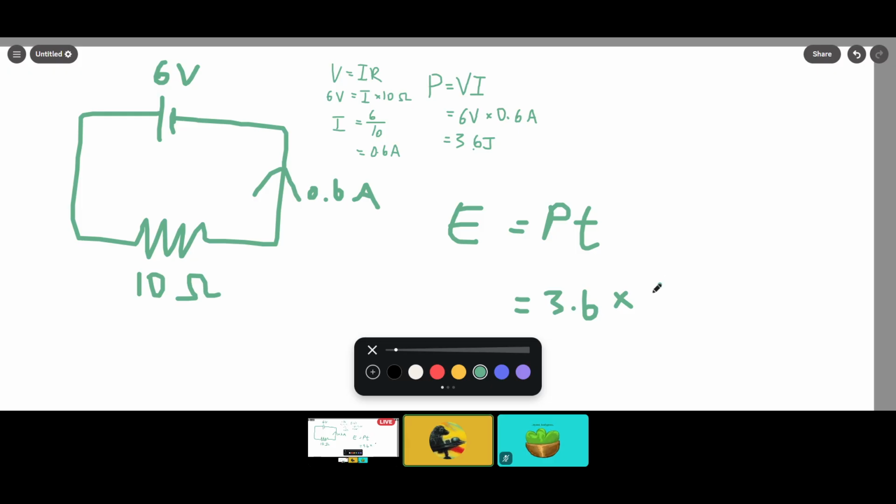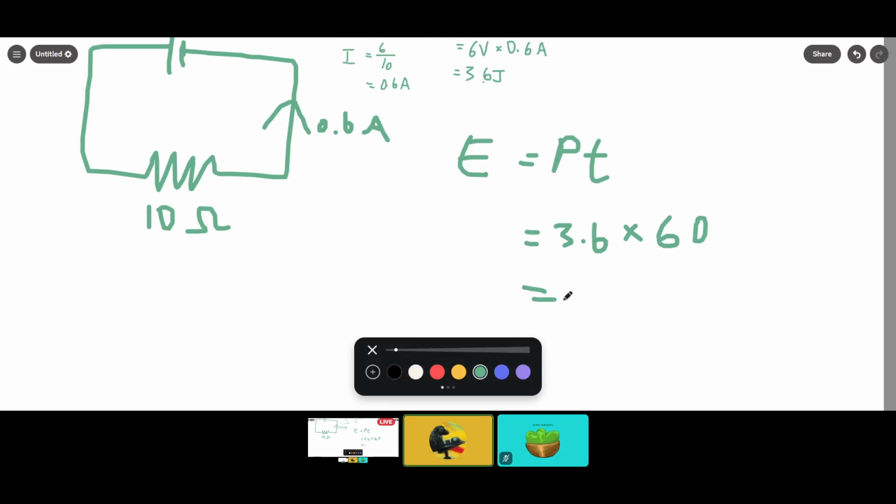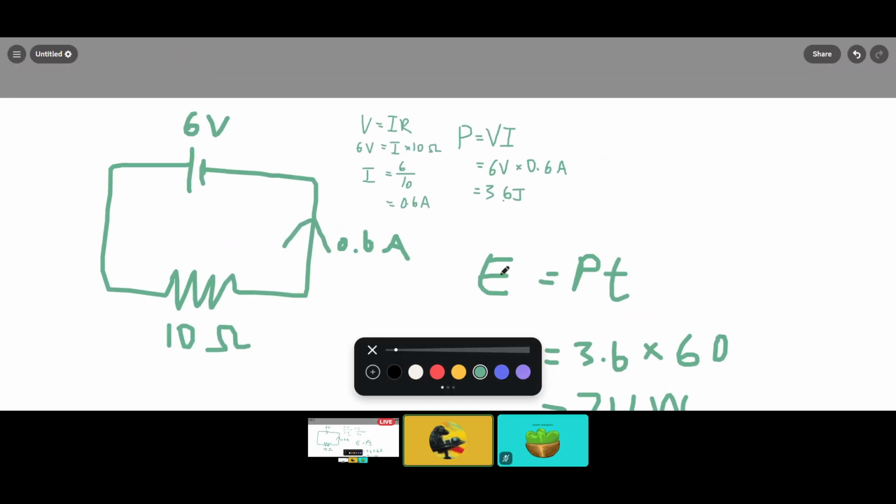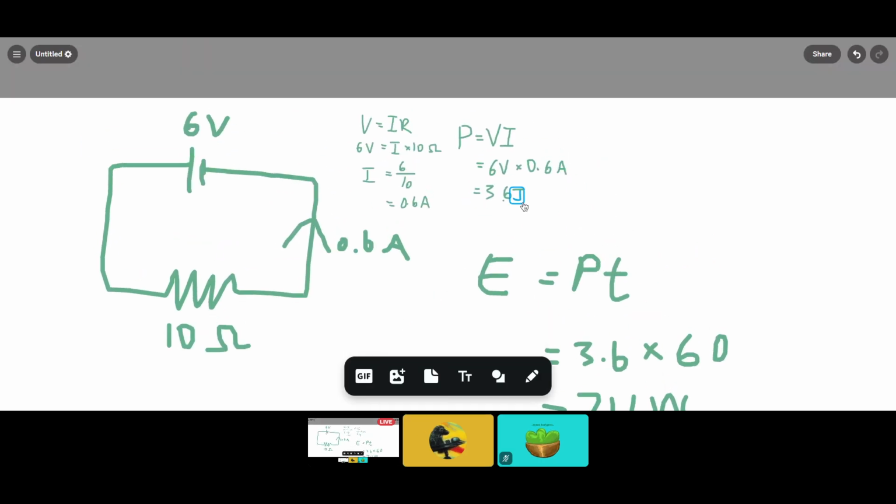So T would be 60. We can find the amount of energy used, and the answer is 216 watts. Oh, power is in watts. Sorry, energy is in joules. If you caught that mistake, kudos.